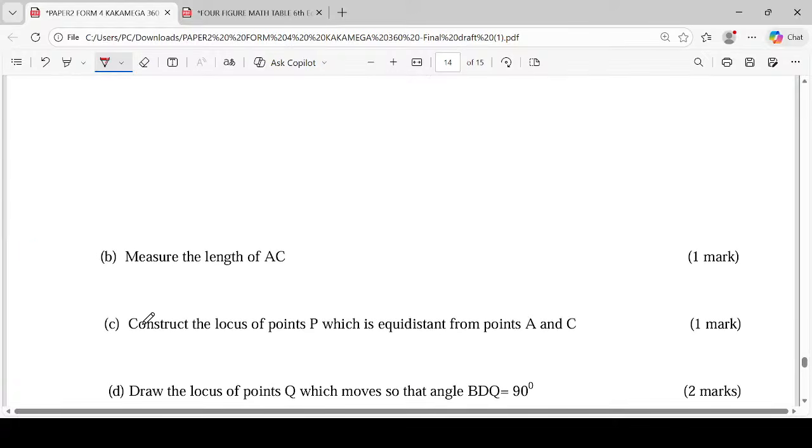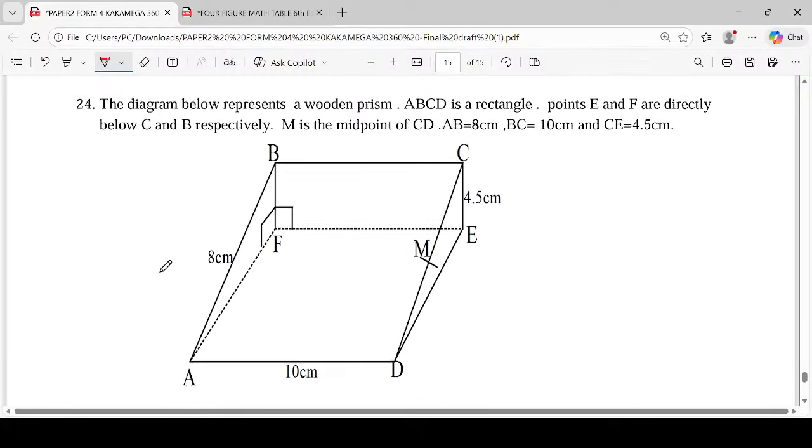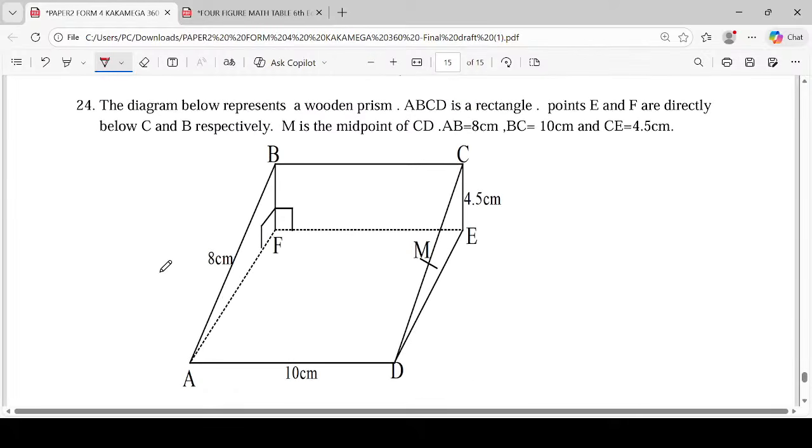Question number 23, I'm not doing it because I don't have the construction tools. Therefore, allow me to go to question number 24. The diagram below represents a wooden prism. ABCD is a rectangle. E and F are directly below C and B respectively, meaning at 90 degrees.